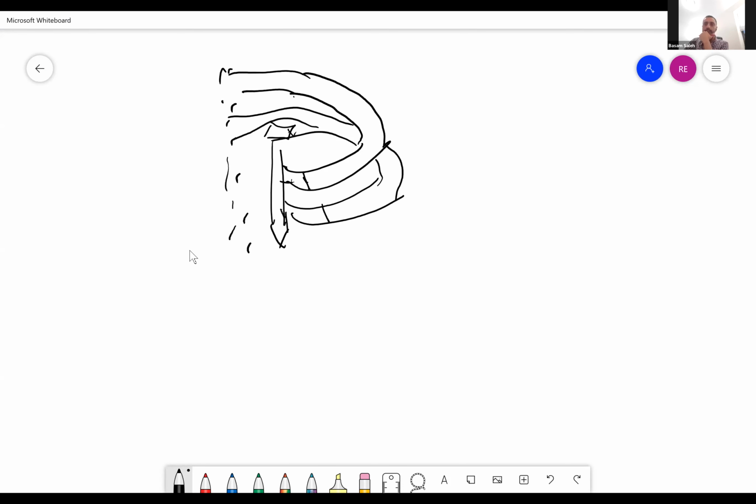Please bear with this drawing. So as long as it's broken only in, let's say, one place, or it could be multiple, but as long as it's non-displaced, or it could be displaced, as long as the displaced fracture is only on one section, thereby the rib remains attached to the sternum and to the vertebral column.